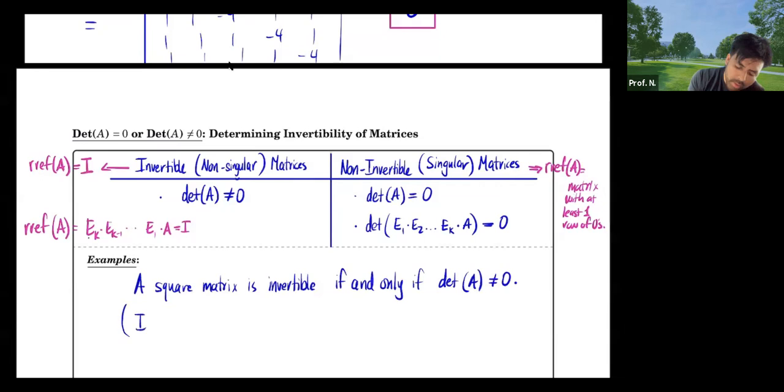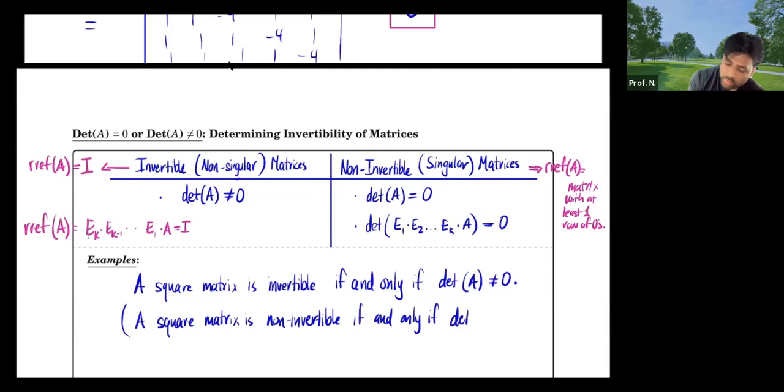Conversely, a square matrix is non-invertible if and only if the determinant of A does equal 0.